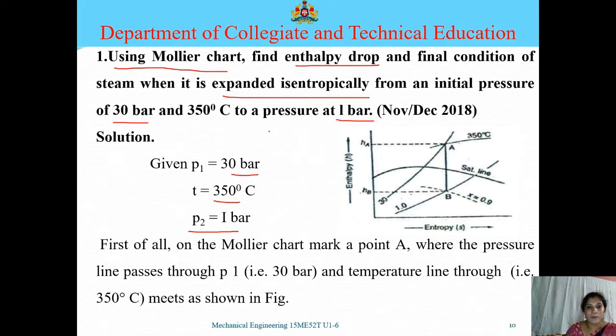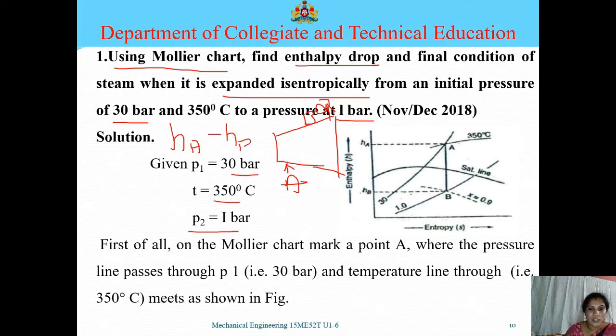For this condition, you need to find out the enthalpy drop. To simplify and understand the problem, I'll draw a line diagram of a turbine. To indicate the states, you can write 1 or 2, or in this problem they have given it as A and B. The entry condition is mentioned as A and the exit condition as B. So I need to find out the difference of enthalpy, HA minus HB.